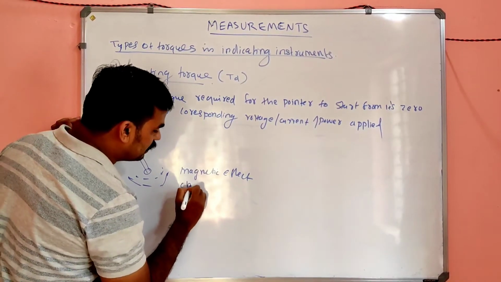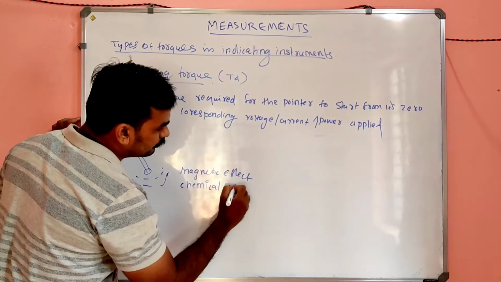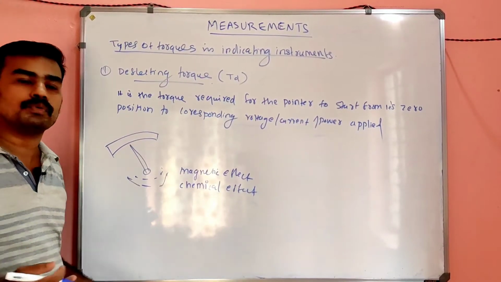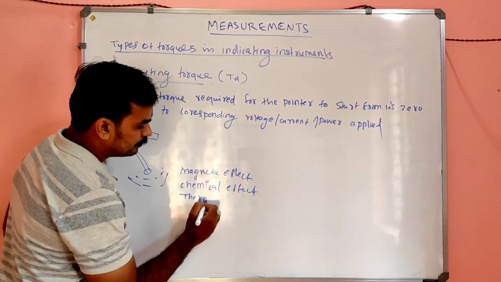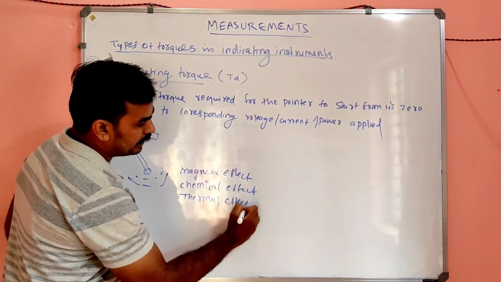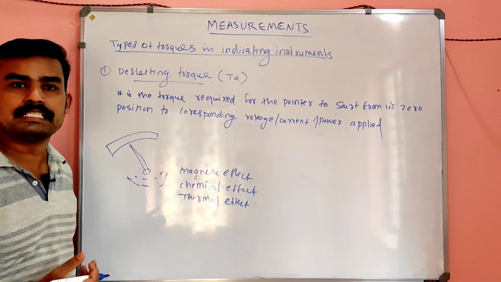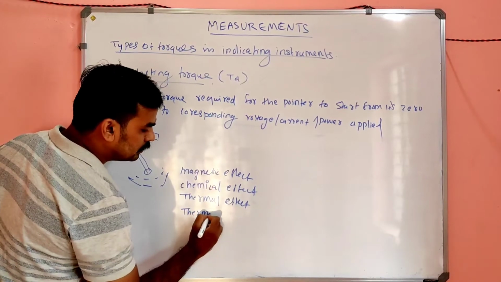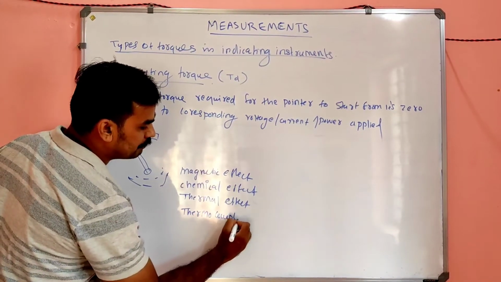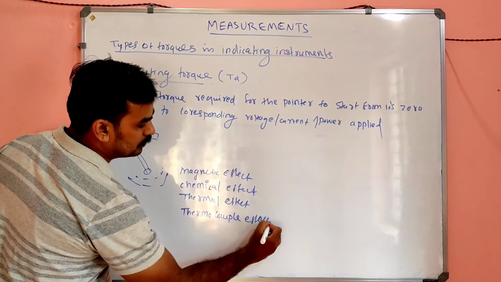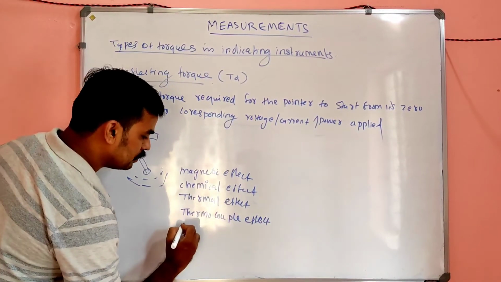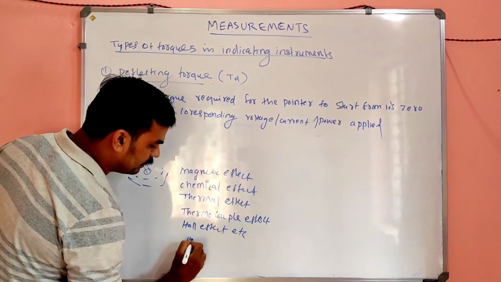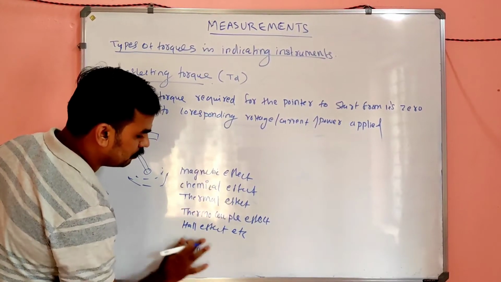Then that type is called the chemical effect. Sometimes the temperature rise will be the reason for the pointer to move. Then it is called the thermal effect. Sometimes a small voltage generated may be the reason for the pointer to move. It is called the thermocouple effect or thermoelectric effect, or Hall effect, etc., or magnetic effect. That is already told, right?